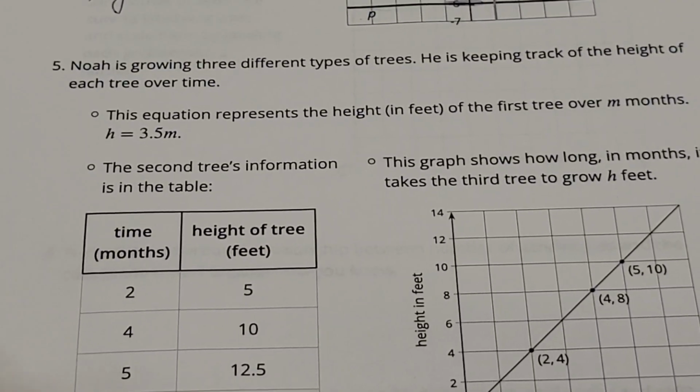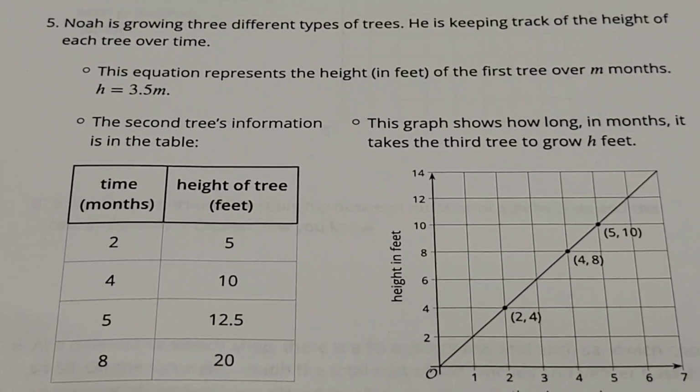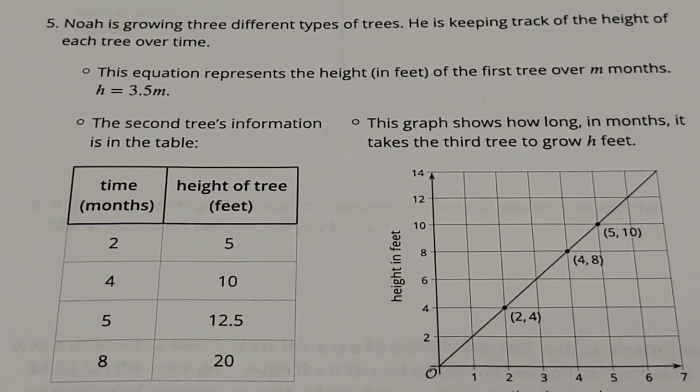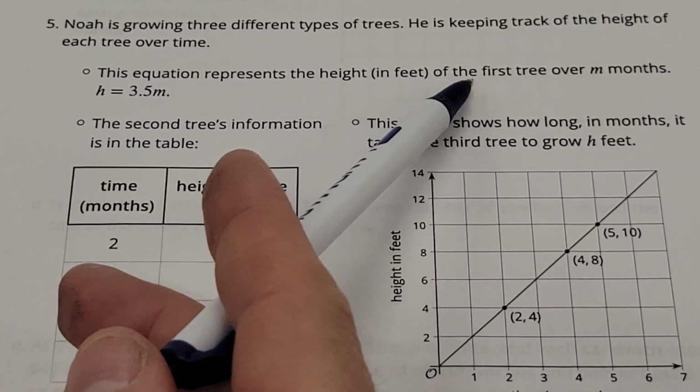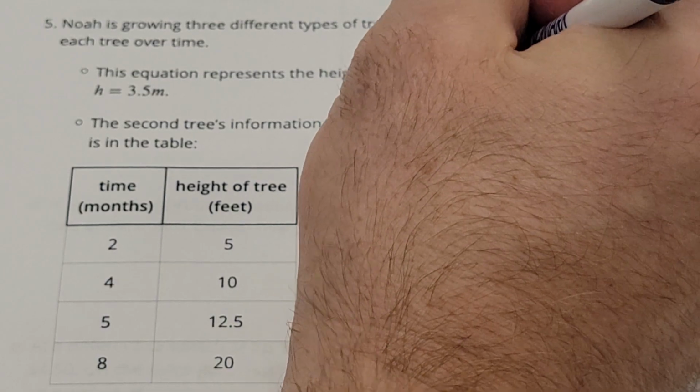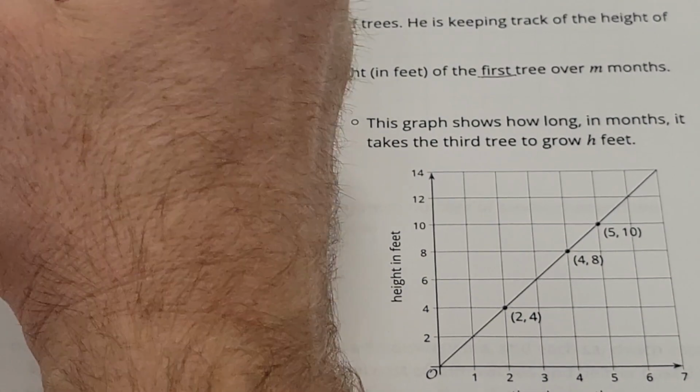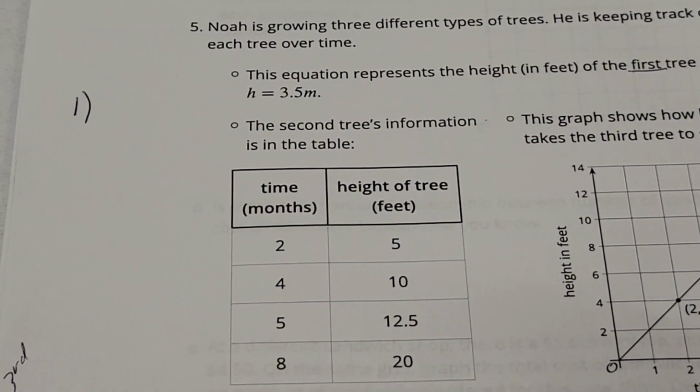Okay. Number 5. Noah is growing 3 types of trees. He is keeping track of the height of each tree over time. This equation represents the height of the first tree. So tree 1, okay, going off on the side.